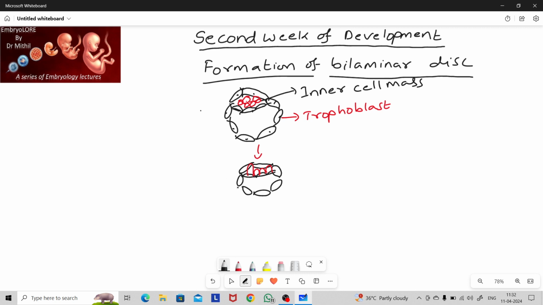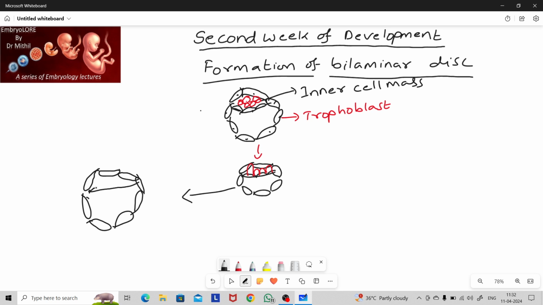So in the further development, what is happening is that, once again, a flattened cells layer, and then here there is the differentiation.